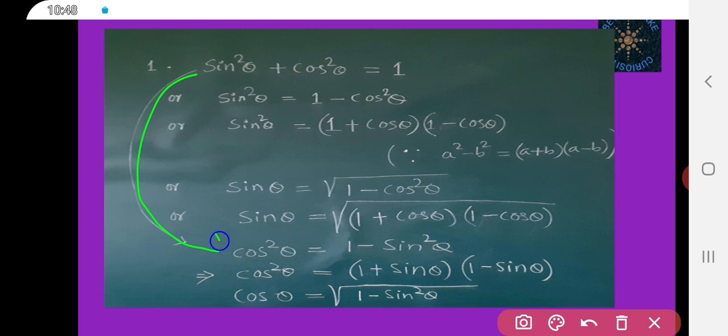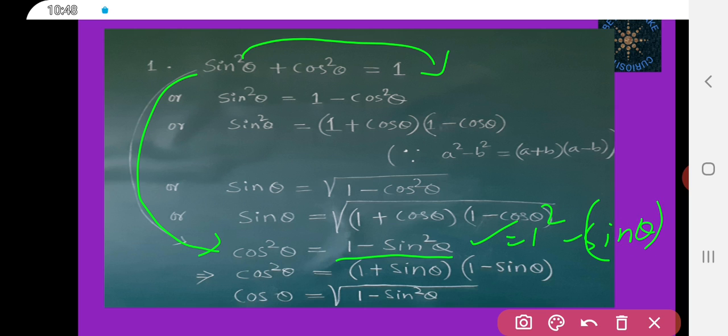From this you can write, if you take sin square theta to the right side, then cos square theta is equal to 1 minus sin square theta. And here you see 1 square minus sin theta square. This is in the form of a square minus b square, so you can write a plus b into a minus b.